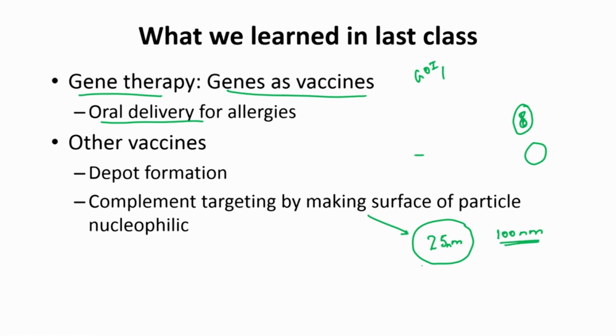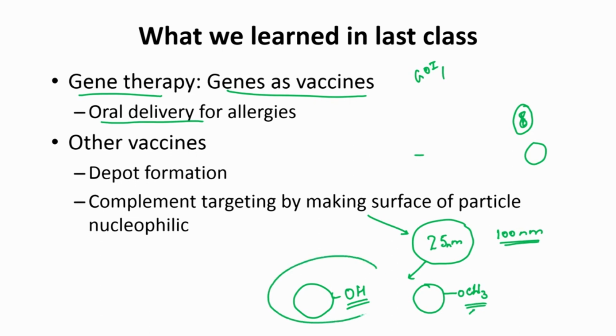Then of this 25 nanometer, they prepared these particles from two different conjugation chemistries, one that resulted in hydroxyl present on the surface and one that resulted in methoxy group present on the surface. The hydroxyl is more nucleophilic than the methoxy group, which is fairly inert, and what they found is this did a much better job in upregulating the complement system.